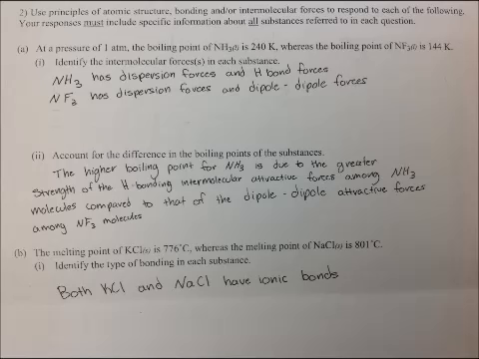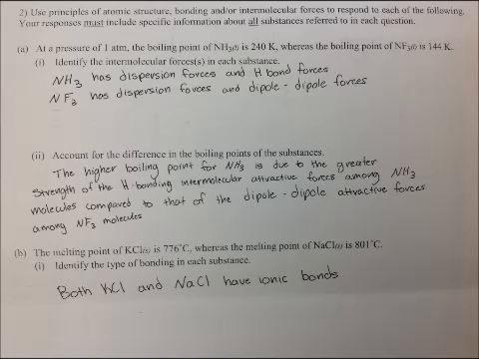NH3 has dispersion forces and hydrogen bonding forces. NF3 also has dispersion forces, but instead of hydrogen bonding forces, it has dipole-dipole forces. Part 2. Account for the difference in boiling points of the substances.